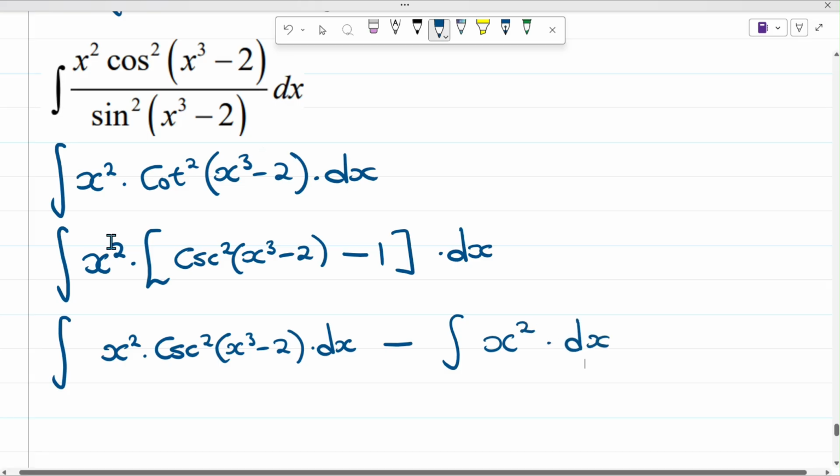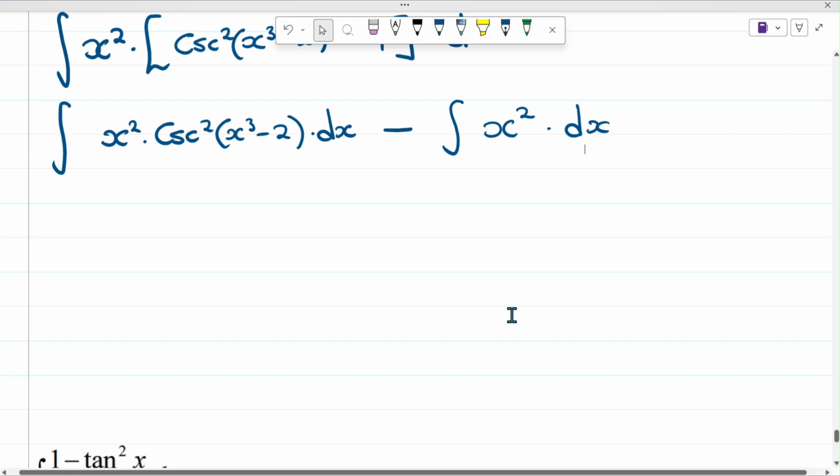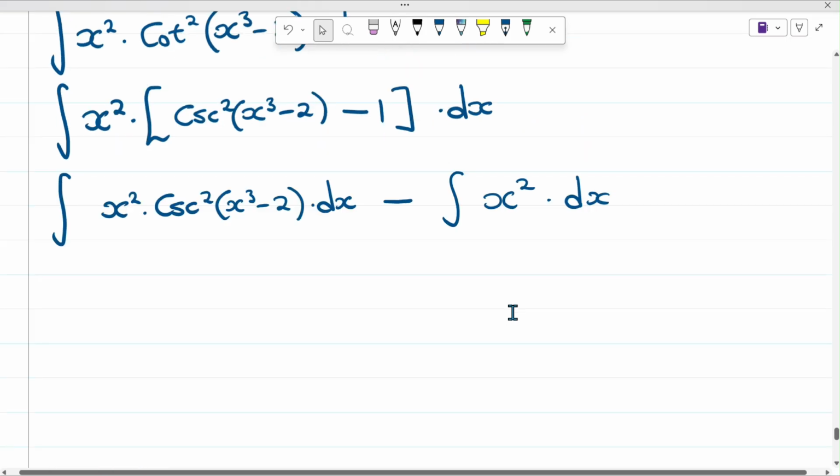So what did I do here? I multiplied this x squared by this bracket, and then I got what I got there, and that's just it. So from here, we can conclude that something was differentiated for us to get cosec squared, right?